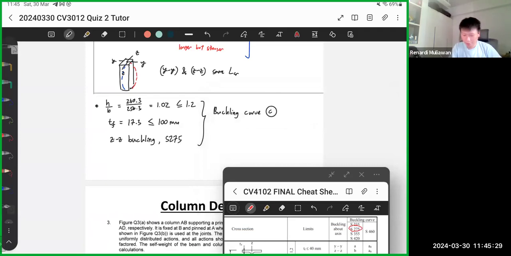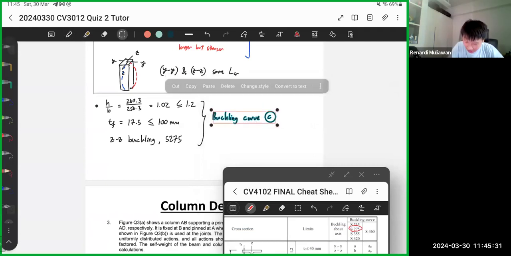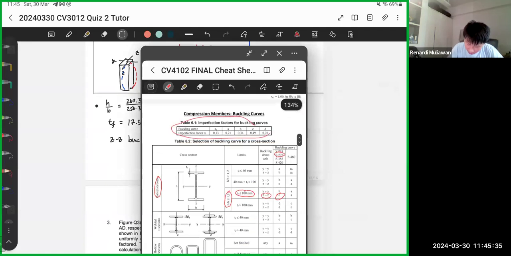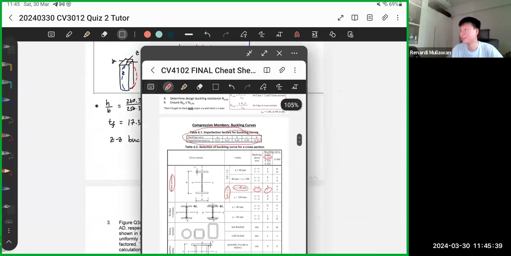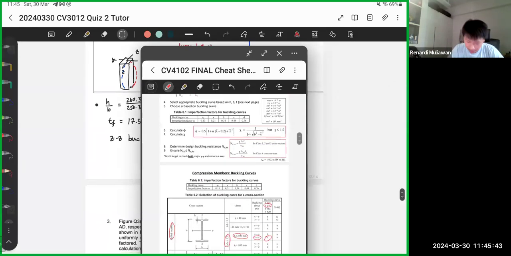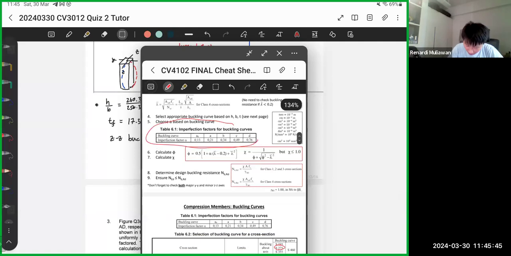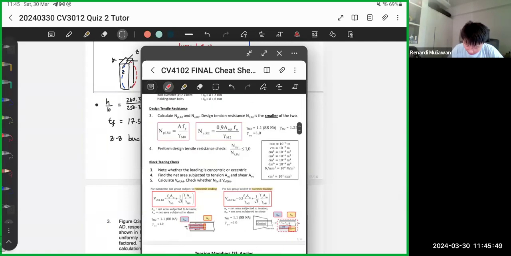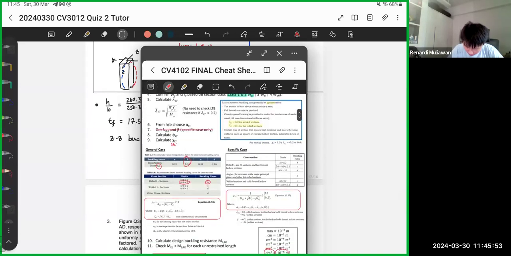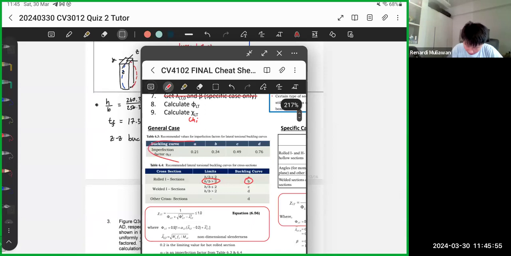If you're making your own cheat sheet, just take note that the buckling table is different from LTB.